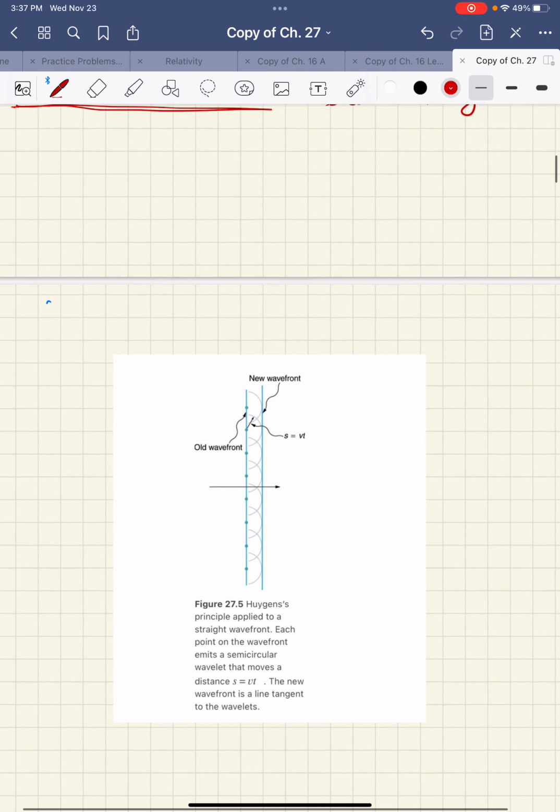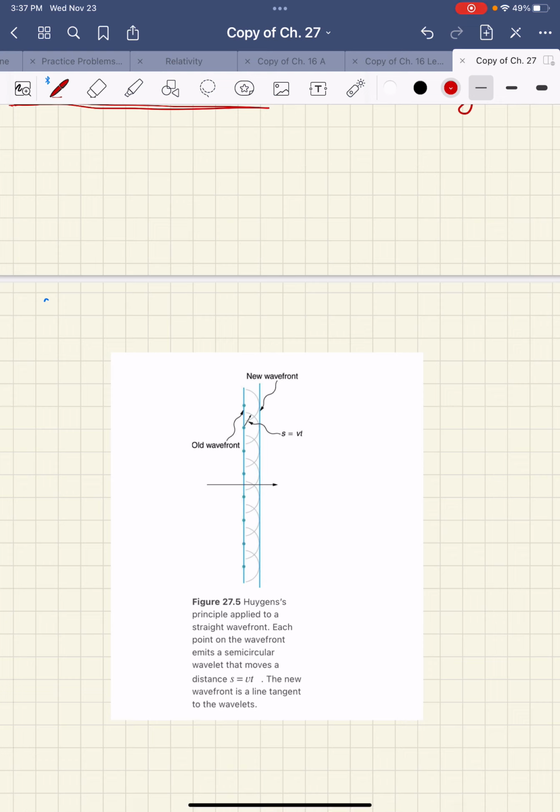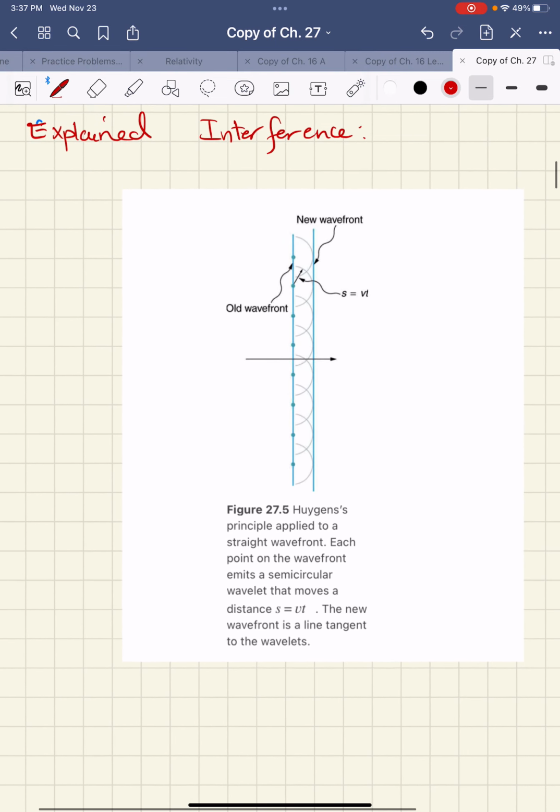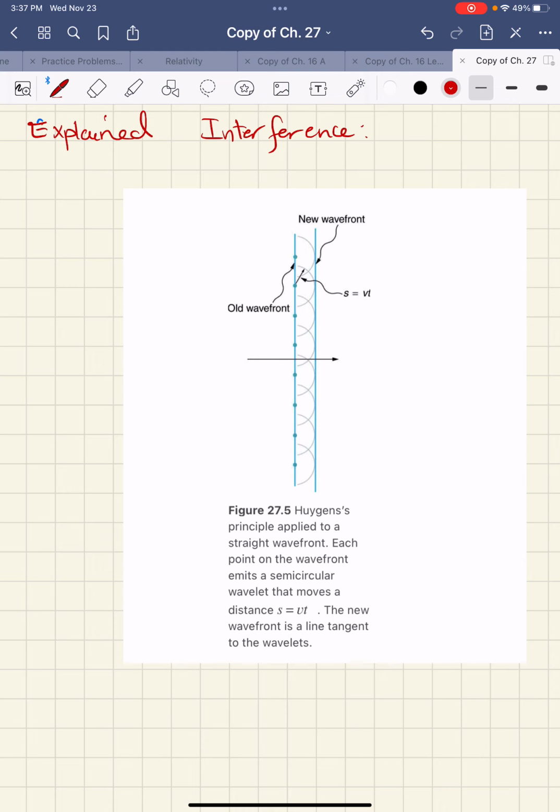Now this can actually be explained. We can now explain interference in terms of what is called the Huygens principle, where we have a wavefront, and each point in the wavefront creates new sub-fronts.